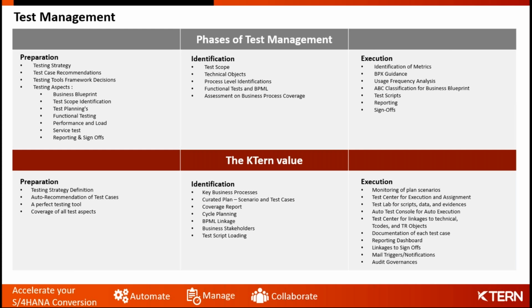KTern helps you do that by providing you a test lab where you will be able to manage your test execution and the test results, followed by documenting things that happened during the project, passing the test cases and hitting the exit criteria for the entire test plan, so that you can call for a sign-off on this particular phase, which still can be managed using KTern.